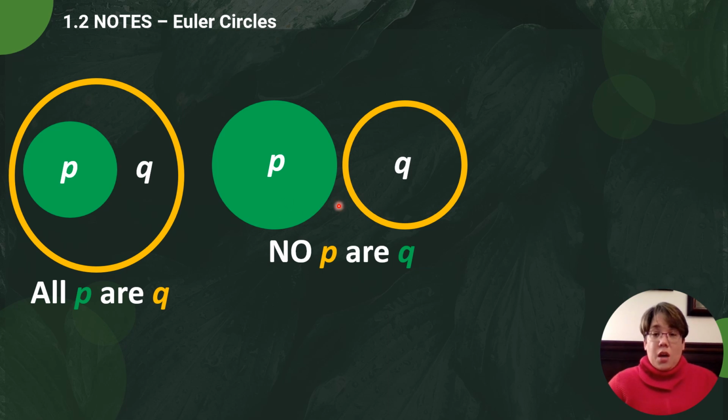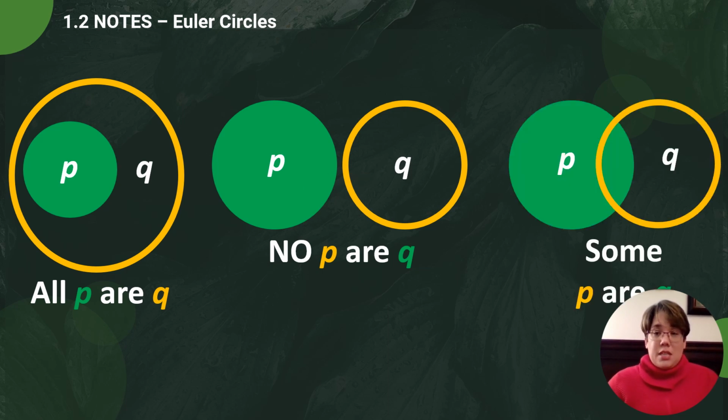They're not alike at all. Then you have a third set, some P are Q. They have this little overlapping part where some of them are and some of them aren't. So now you have to decide which one fits where.